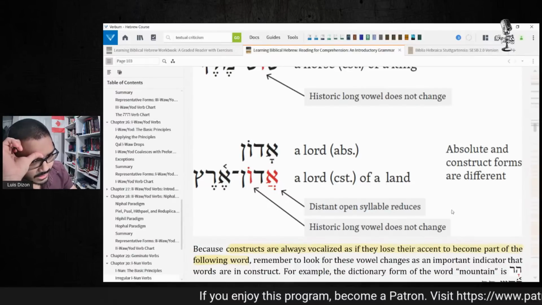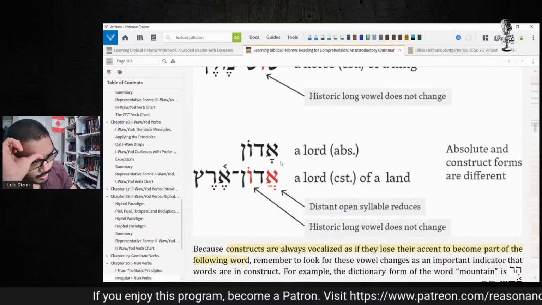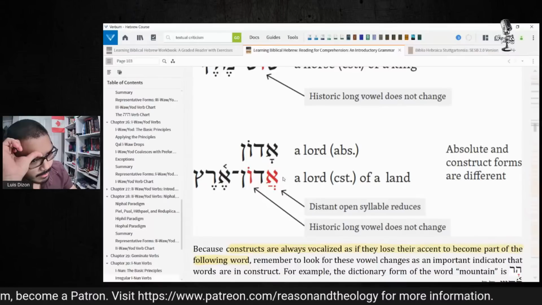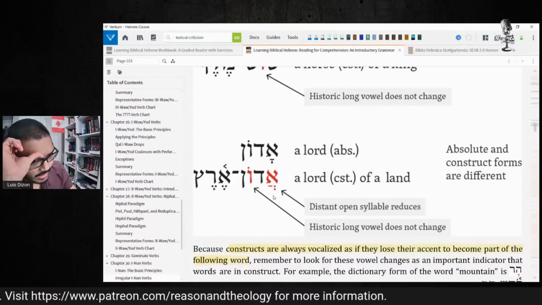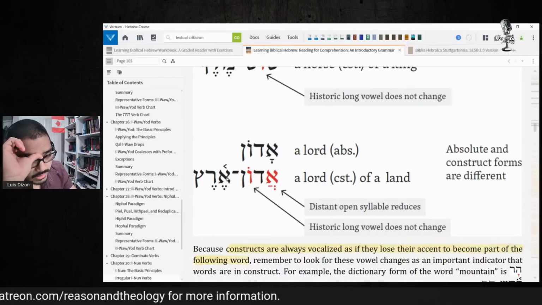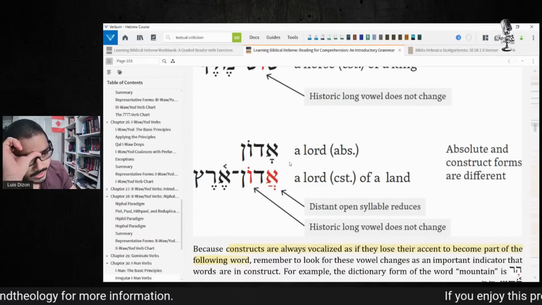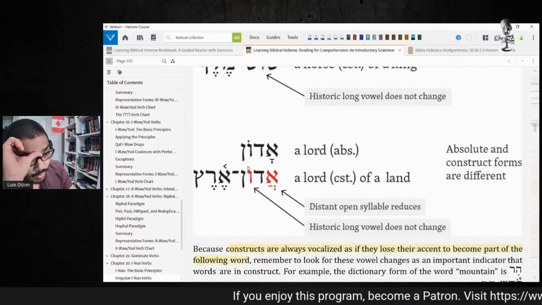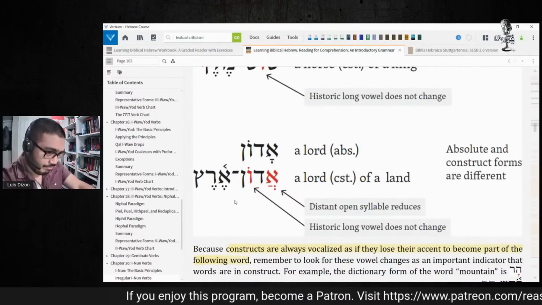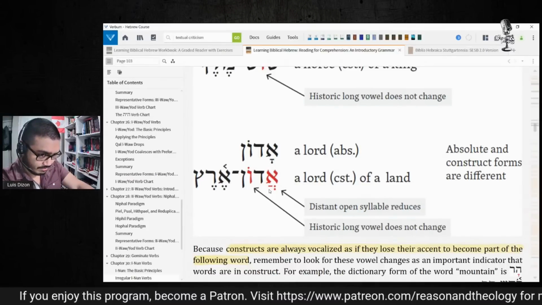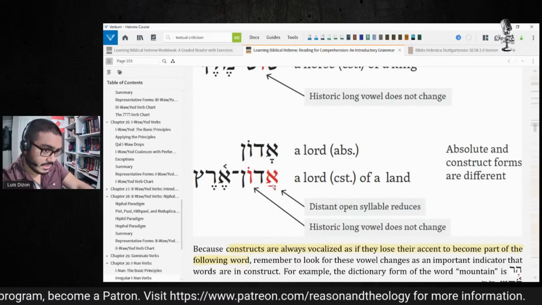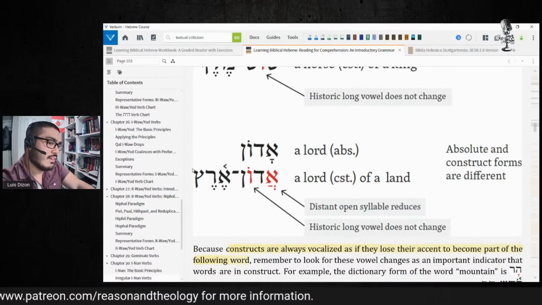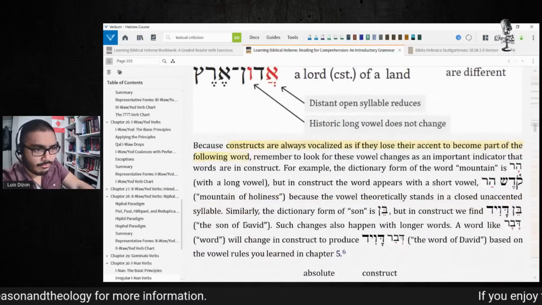However, the distant open syllable, the one that's 2 syllables away from the accent, reduces. So it's no longer a kametz. It is now a shva with patach on it. This particular change doesn't actually change the pronunciation. It just changes the orthography of the word, so it'll be written differently. This will serve to tell you that it is functioning as part of the construct.